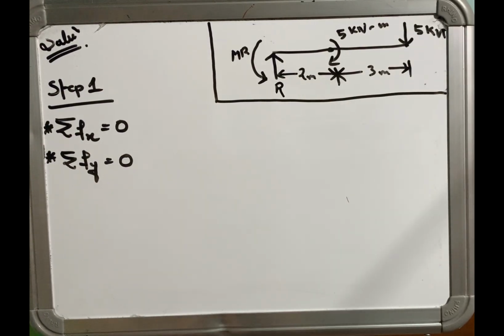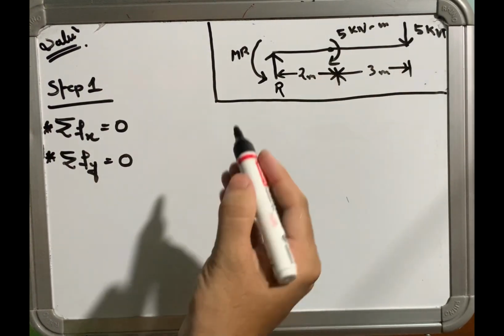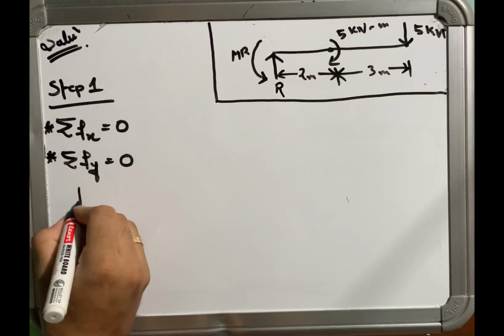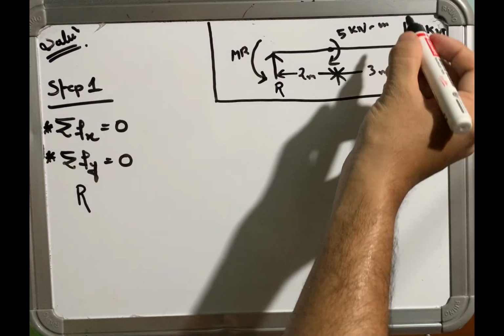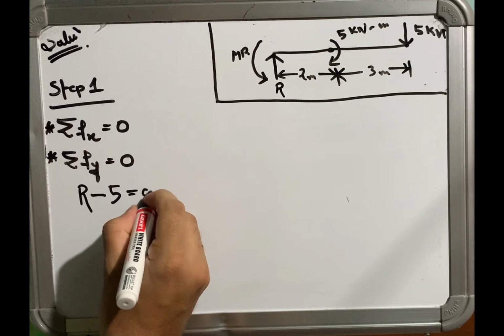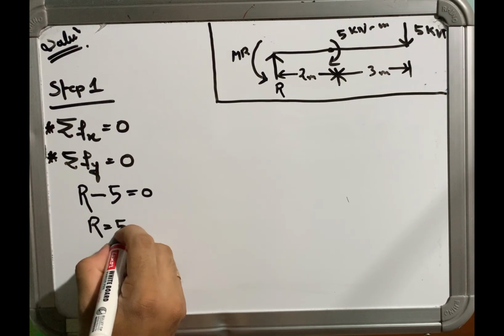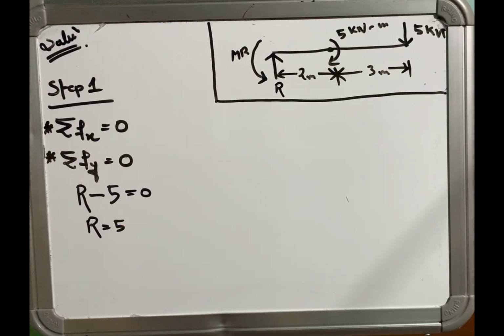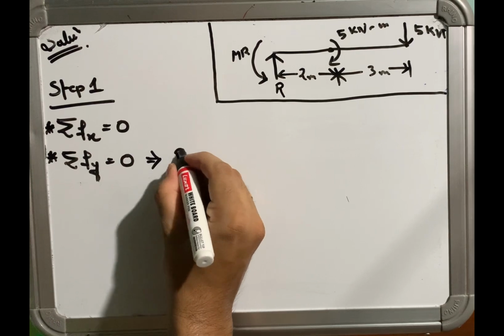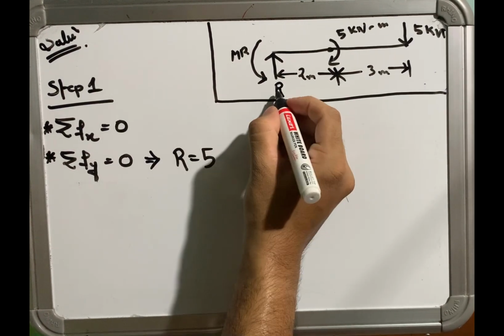The reaction R is upward, and remember upward is plus. So writing as it is, R, and the 5 kilonewton point load is downward, so minus. R minus 5 equals 0, so R equals 5. So we got the reaction, R equals 5 kilonewton.